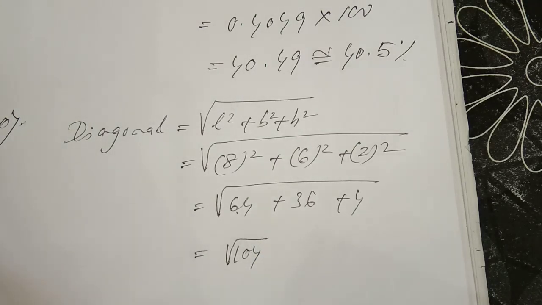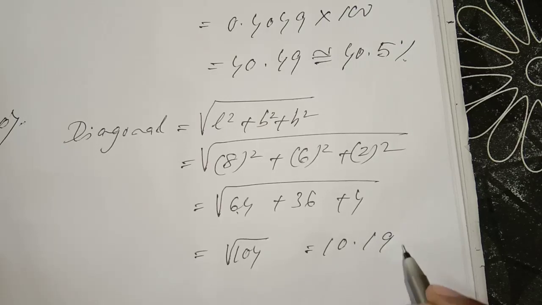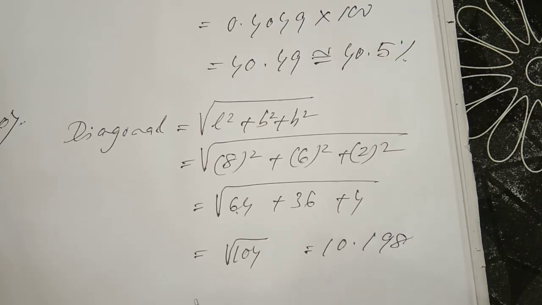Root over 104, how much? Just you have to find out. Root over 104, how much are you getting? 10.198. Now this is approximately 10.2. The length of diagonal is 10.2. Okay.